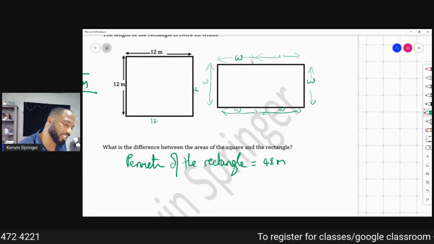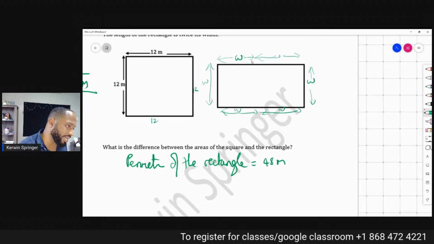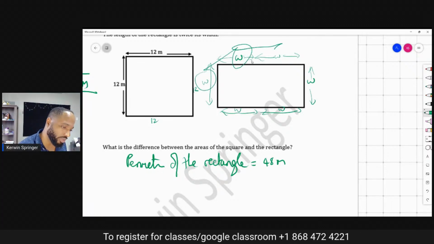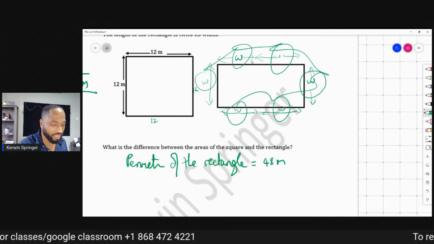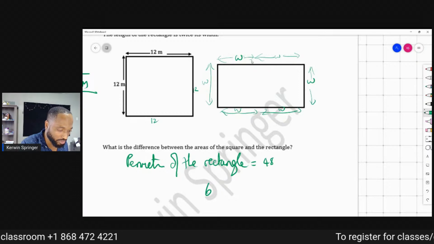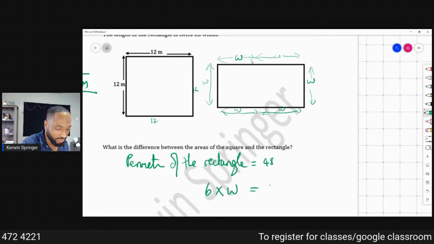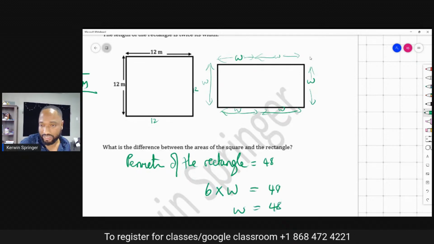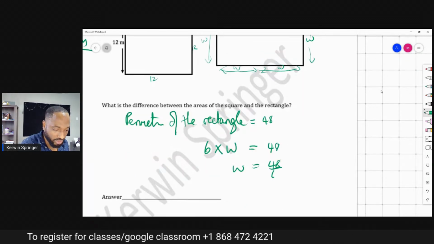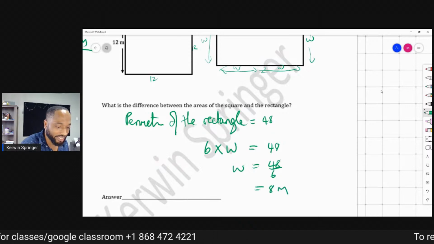So I want to consider this rectangle as if it's width, width, width, width, width, width. How many of them do we have? 1, 2, 3, 4, 5, 6. So 6 of the W. So 6 times the width is equal to 48. So the width is equal to 48 divided by 6, which is 8.